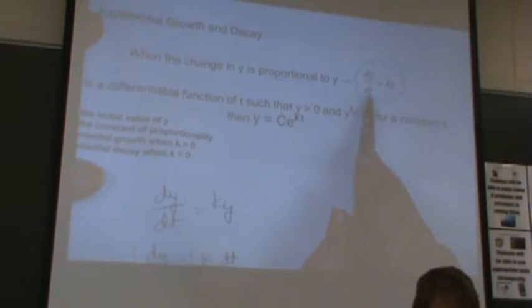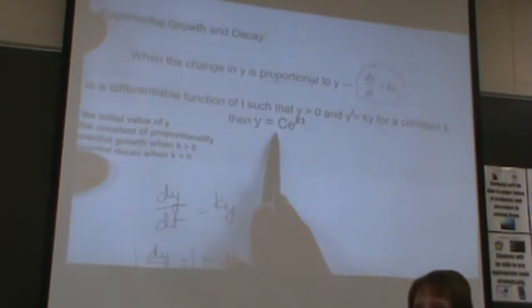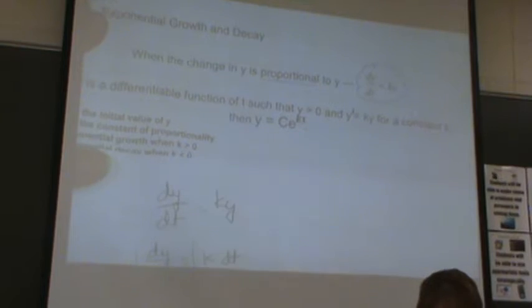If the exponents are added, that means we multiply by common bases. And e is a number, c is a number. If I have a number raised to a number, I'm going to get a number. So remember, I always say a c is a c is a c. So this is a constant c. So y equals c e to the kt. That's how we get from this proportionality statement to our equation in terms of y.